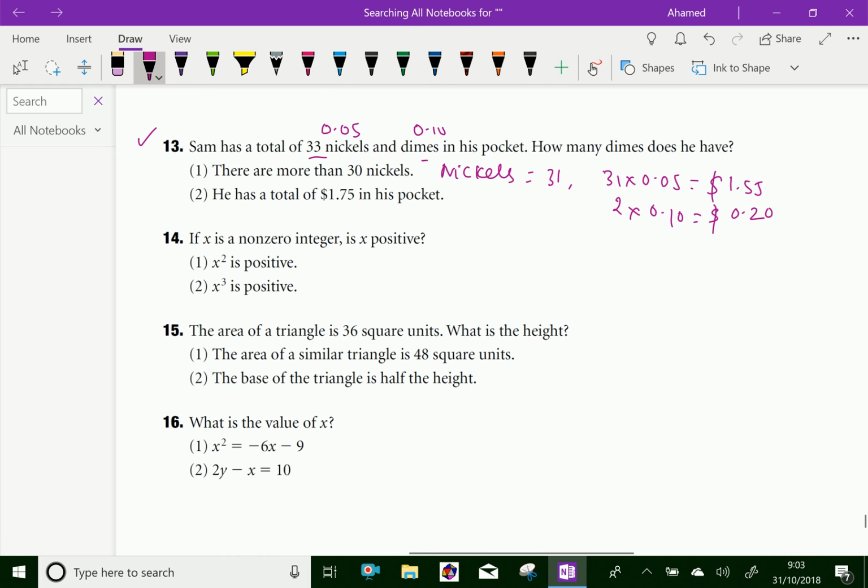Here total value is now $1.75. So here the statement 1 itself enough.